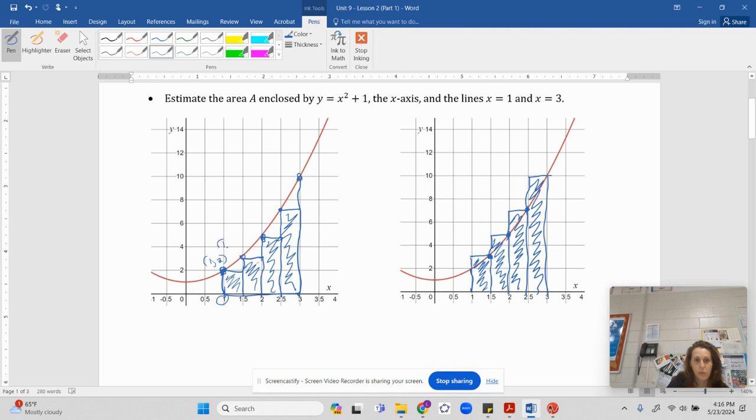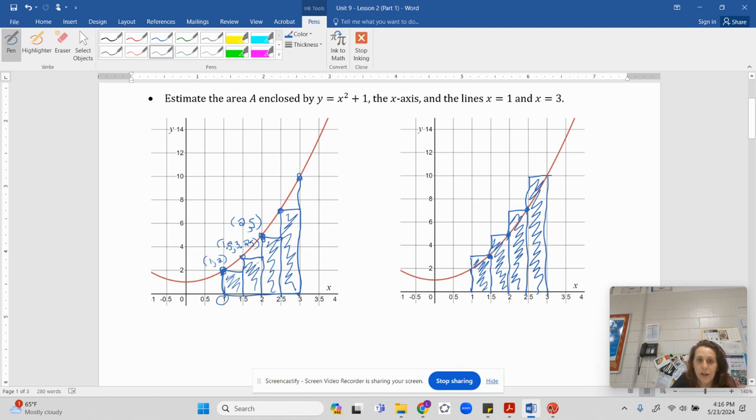So this is the point 1.5, comma 3.25. The next point is 2, comma, what do I have? 2, comma 5. Of course, if I substitute 2 in, 2 squared plus 1 is 5.